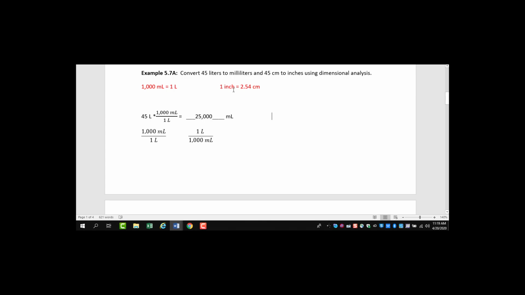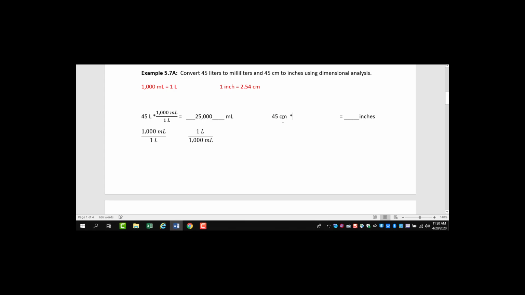Okay, so let's do this one here. I'm converting 45 centimeters, and my output will be a certain amount of inches. Now I'm going to multiply again by 1.